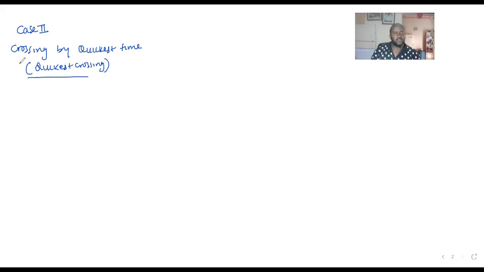Case 2. Crossing by quickest time. Sometimes we call this quickest crossing. So for quickest crossing, what happens?